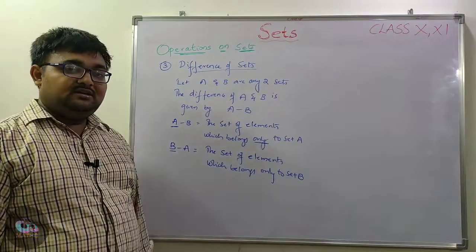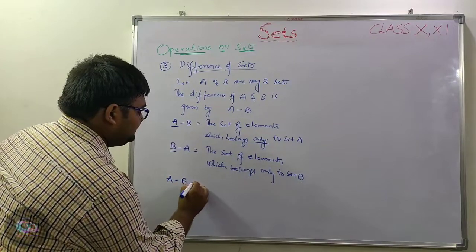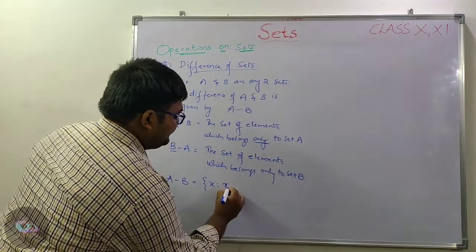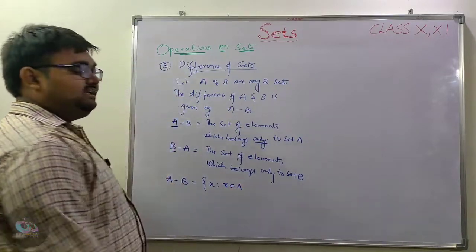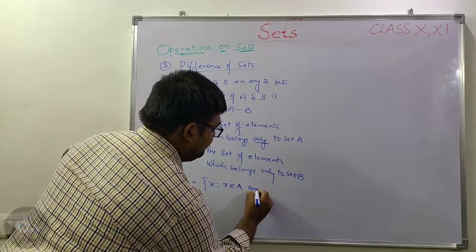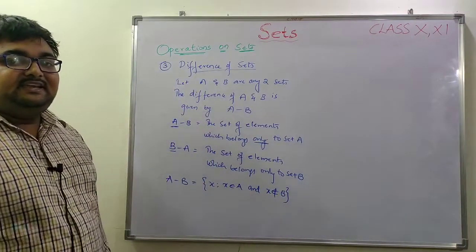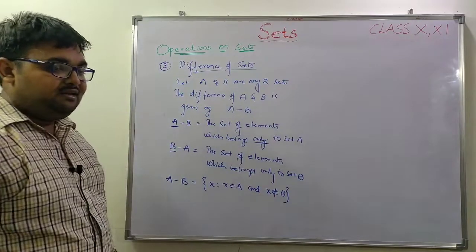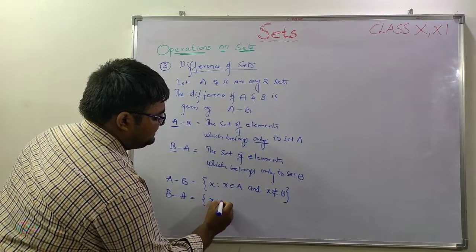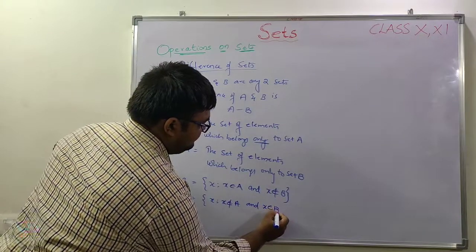Now let us see their set builder forms. The set builder form of A minus B is given as {x such that x belongs to A and x does not belong to B}. That means the element should be taken only from A, and we should not take an element which belongs to B. In the same way, the set builder form of B minus A is given as {x such that x does not belong to A and x belongs to B}.